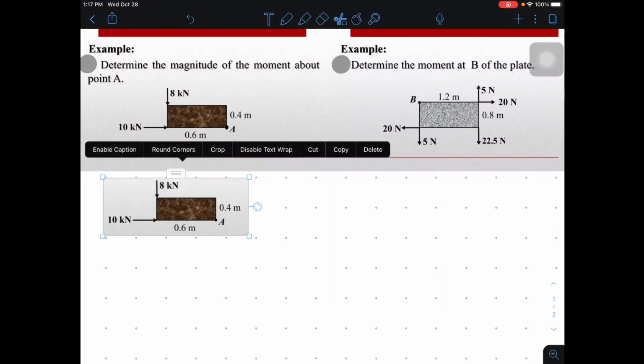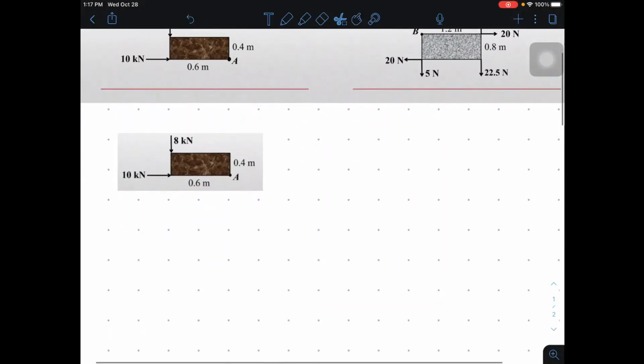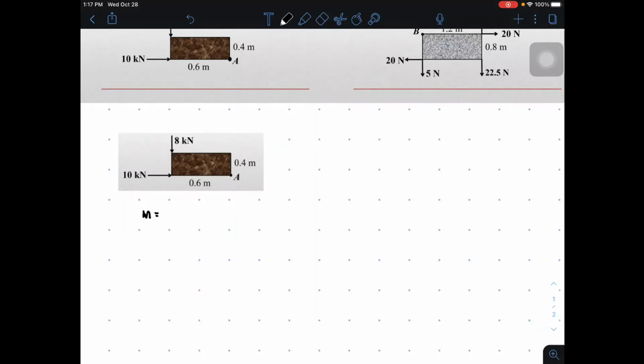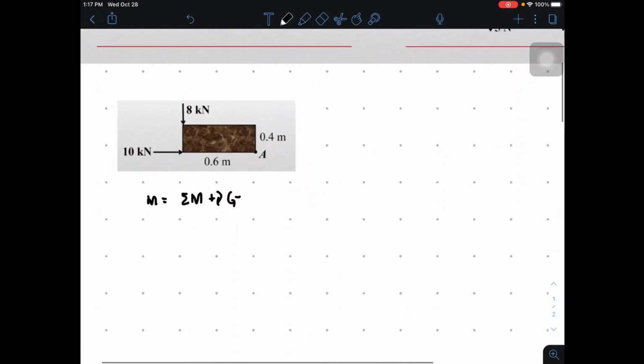What we're going to do is copy the figure, and I will have the equation that moment is equal to the summation of moments, with clockwise positive, counterclockwise negative.